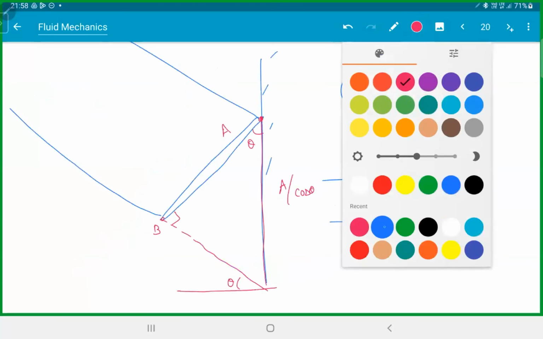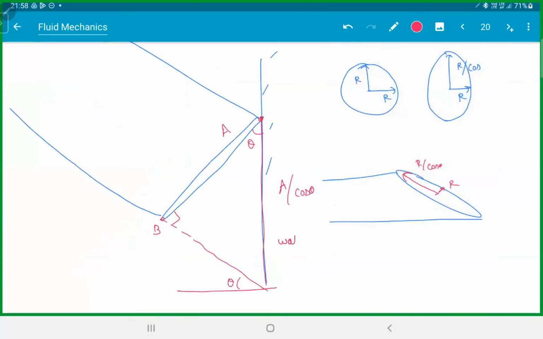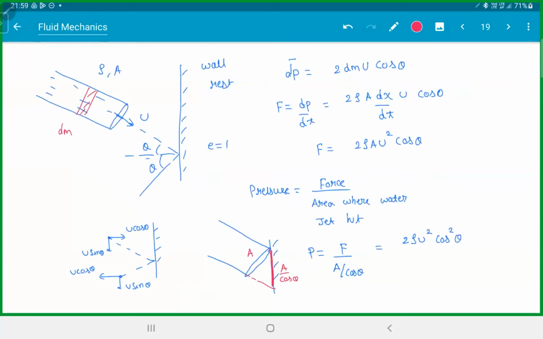So we can add here: the water jet spreads over a bigger area. Clear? Any doubts on this?